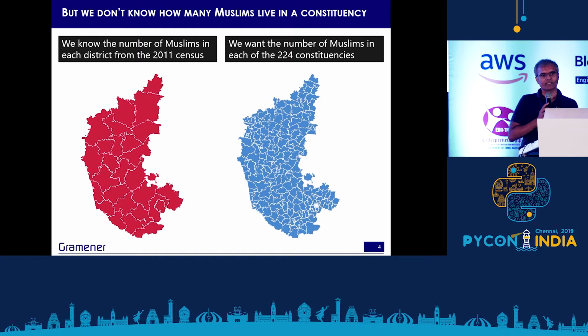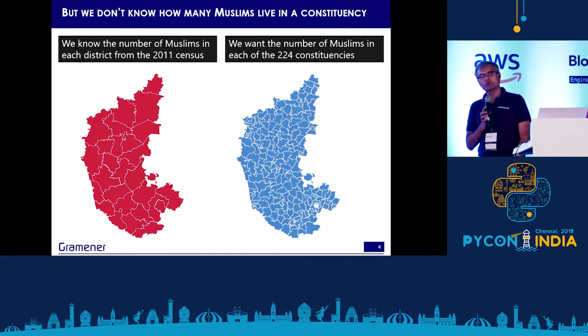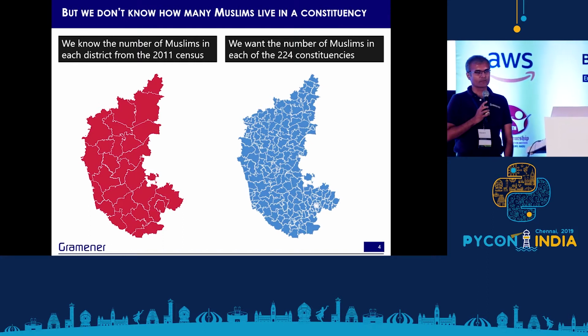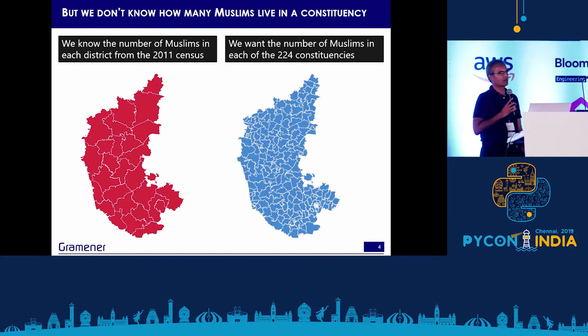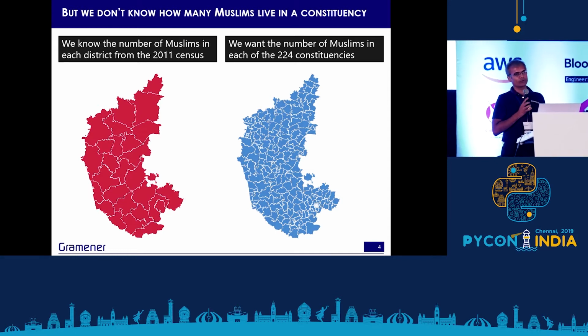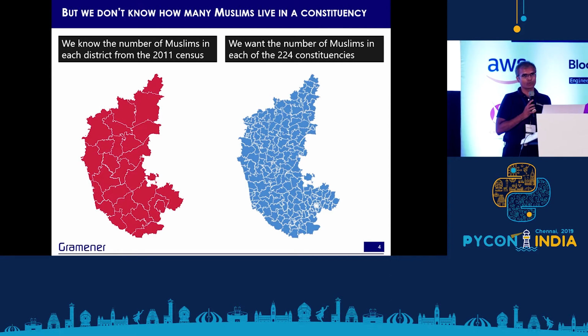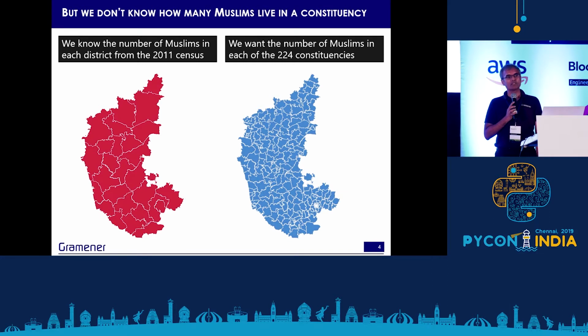So I have data in one map which shows me how many Muslims exist in a particular region, and I want to see how many Muslims live in a different region on another map. And even though they overlap, there really is no direct way of getting the data from one layer onto the other. So we literally don't know how many Muslims live in a constituency.